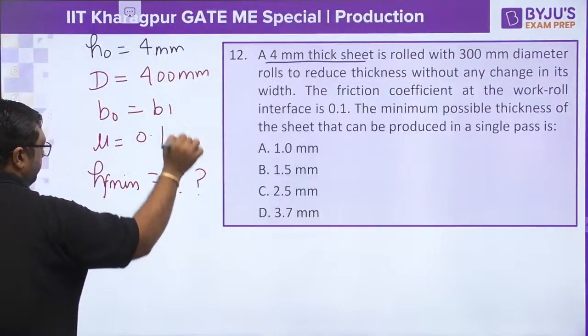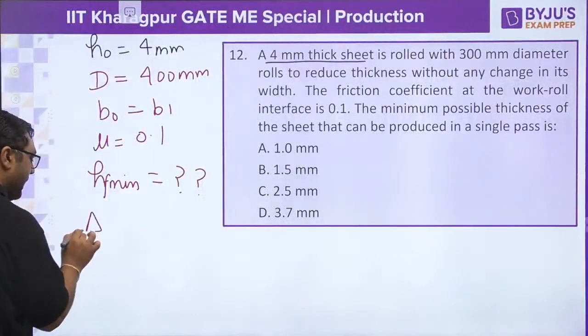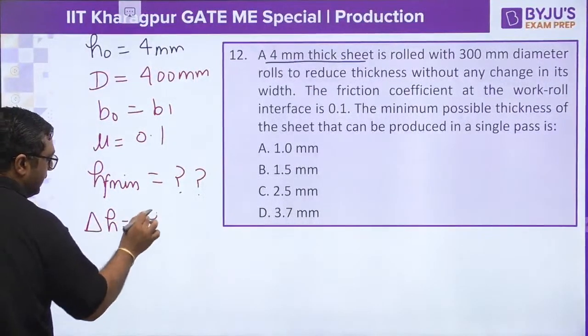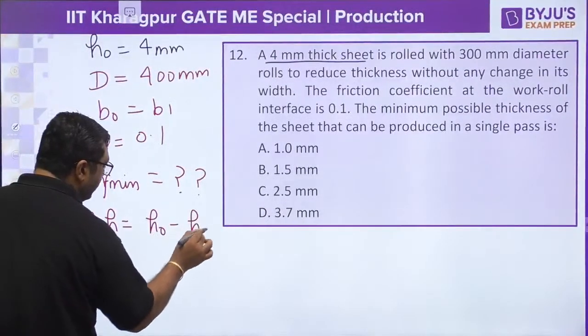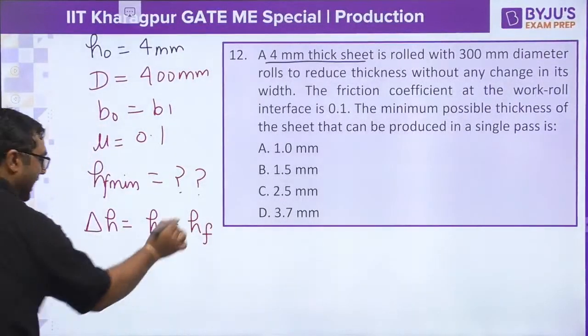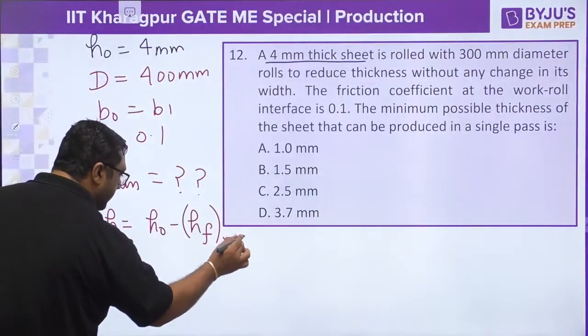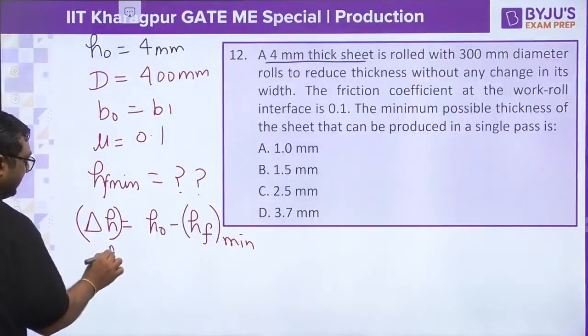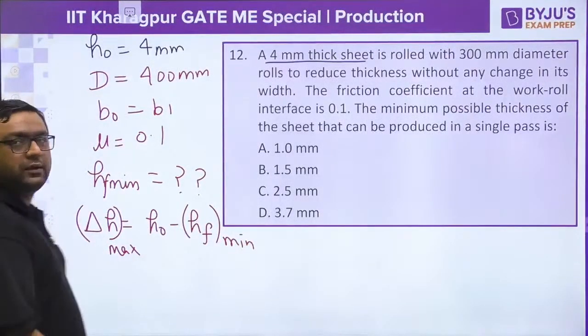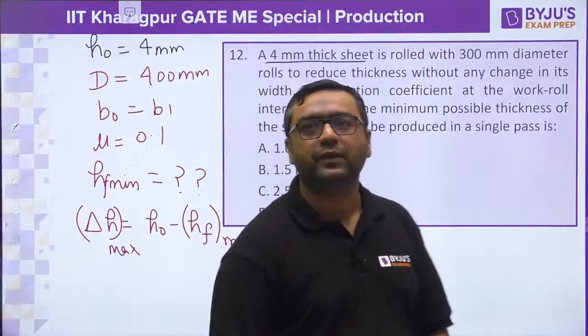What will be the answer? So you know that ΔH is H naught minus H final. My dear, this H final will be minimum when ΔH will be maximum. Solve it, guys.